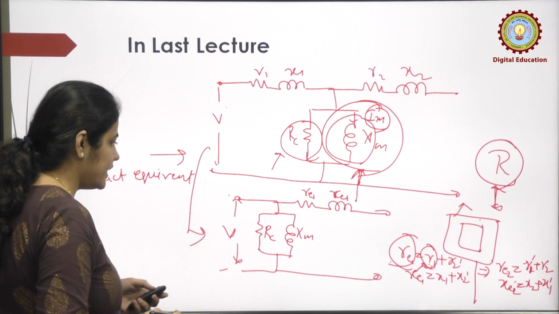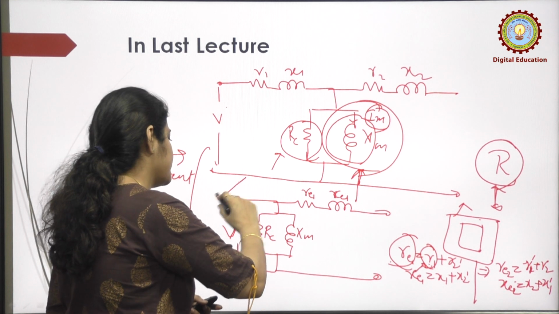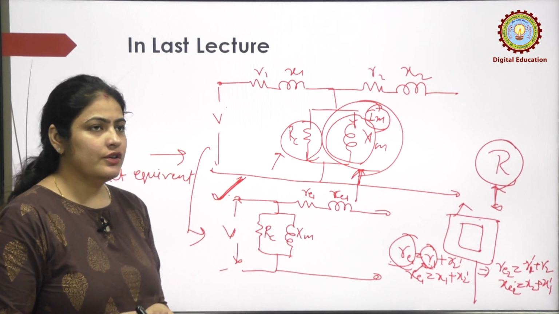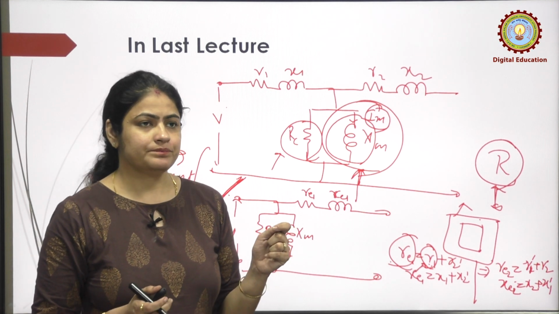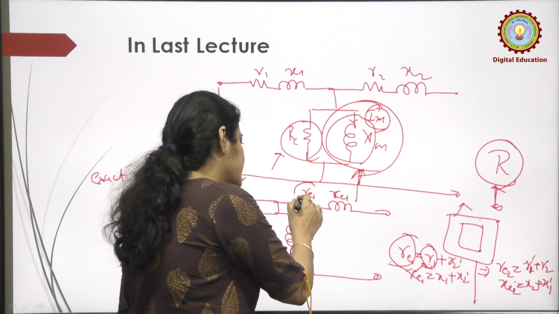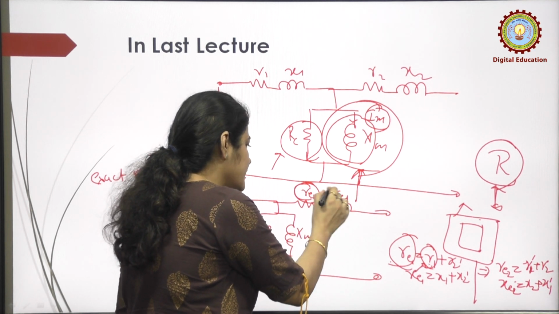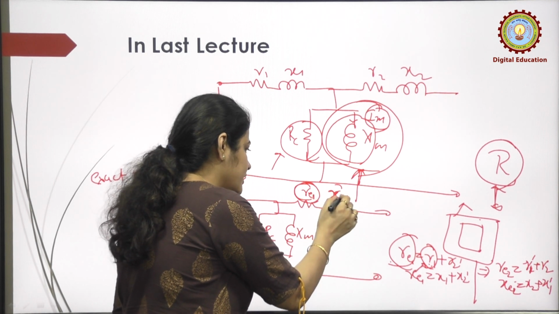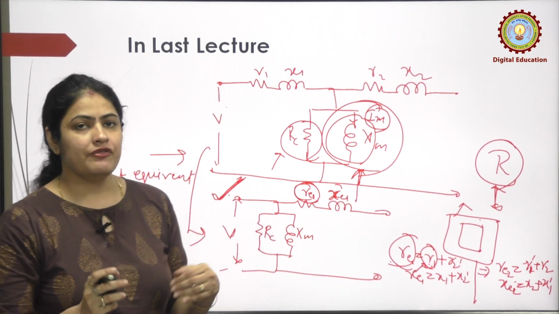Now, the approximate equivalent circuit is like this. Here we don't denote primary and secondary; the circuit just has RE and XE. If we denote them by 1 and 2, that gives the side referred to.